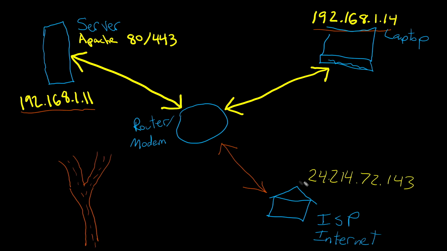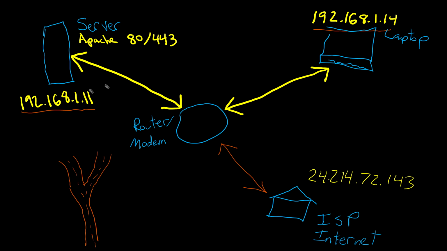Okay, this would be our public address, and that is where all this traffic has to come from. When I connect to the outside internet with my server, it's going to have this address. When I connect to the outside internet with my laptop, it's going to have that address. So they all share this address. That's the address for this pipeline, you might say, or the connection between the modem and the internet service provider.